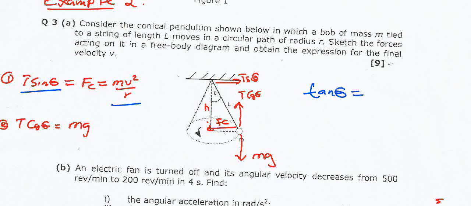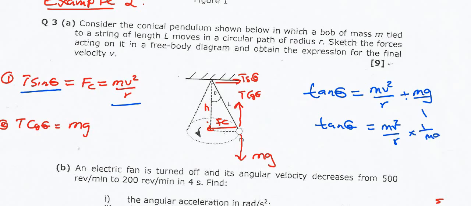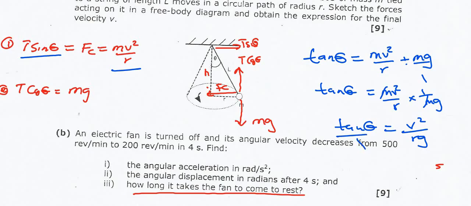Then it is equal to, we are dividing mass and velocity squared over r by mg. Then tan theta is equal to, here you notice that there's a 1 this side, meaning this is going to be mv squared over r, times 1 over mg. The mass can cancel. So tan theta is equal to v squared over rg. Then this will cross multiply, meaning v squared is equal to rg tan theta, then square root.